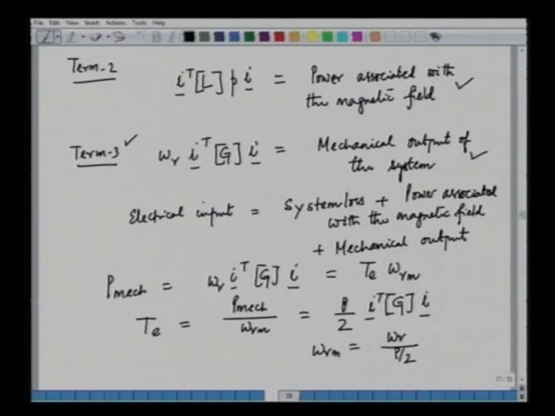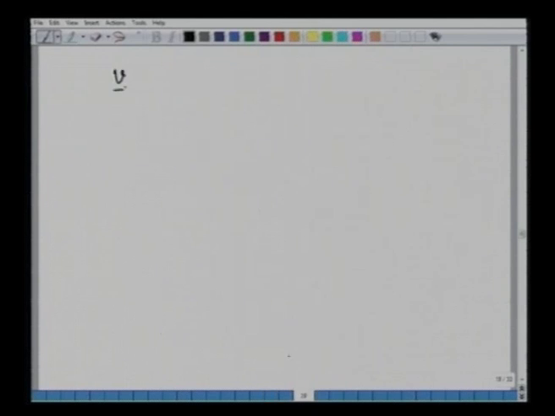Now, to recapitulate, we have already seen that V is equal to R i plus L p i plus omega_r G i. This equation is a voltage equation.